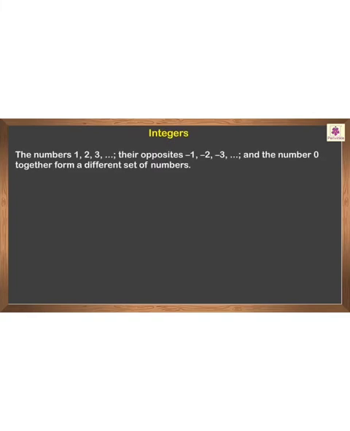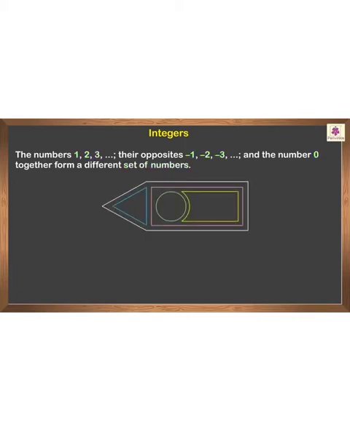Integers. The numbers 1, 2, 3 and so on, their opposites -1, -2, -3 and so on, and the number 0 together form a different set of numbers. Let us understand the set of integers with the help of the following diagram.